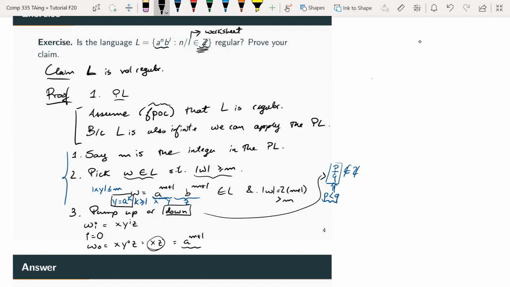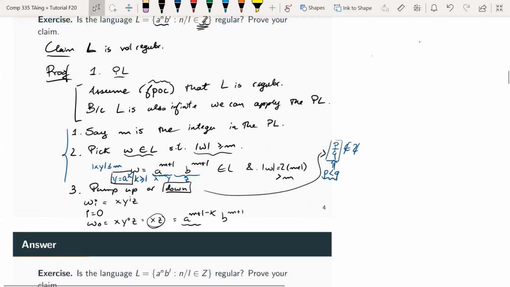So you're just going to remove k a's from your m plus 1 a's. You're going to get a to the m plus 1 minus k. And then your b's are going to remain unchanged. So you're going to have a to the m plus 1 minus k, b to the m plus 1.